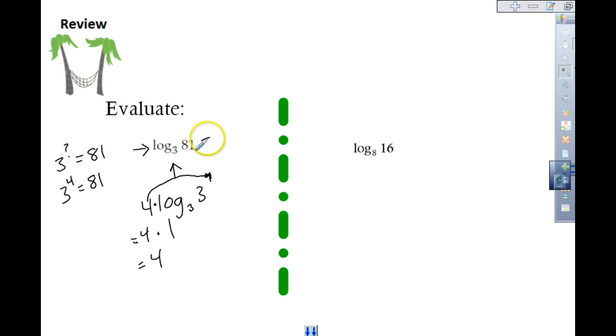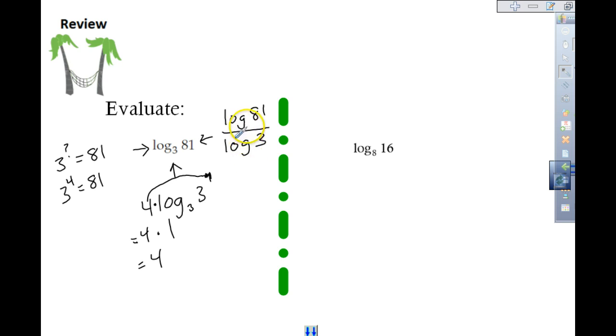We're going to look at yet another way of getting this answer, and that's more of a calculator-driven approach. It's called the change of base formula, which basically means we're going to do the log of 81 divided by the log of 3. So the log of a number here divided by the log of the base, and we don't use a number here in your calculator.